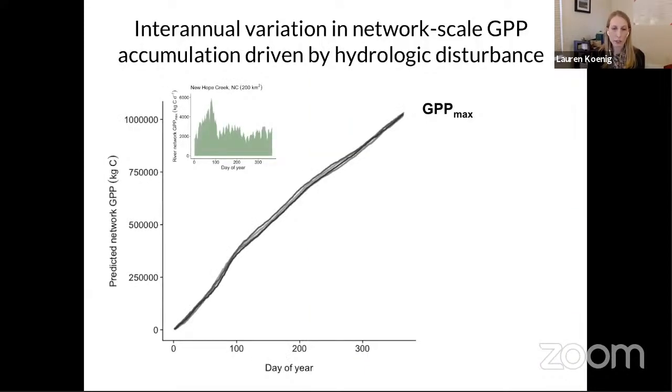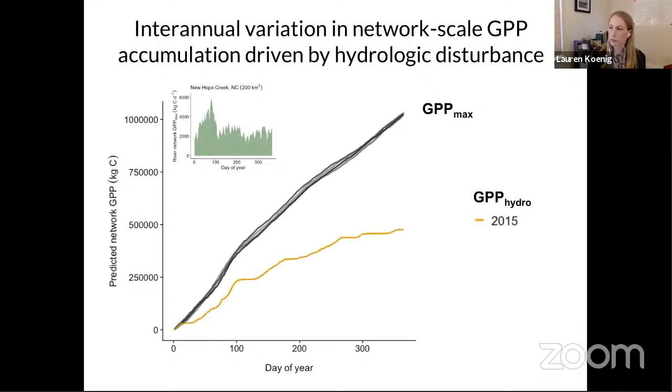So here I'm showing the accumulation of potential productivity at the network scale over the course of the year. And the multiple lines here are showing 5 different years that we simulated. And here I'm including the inset of our potential productivity regime as a reminder.